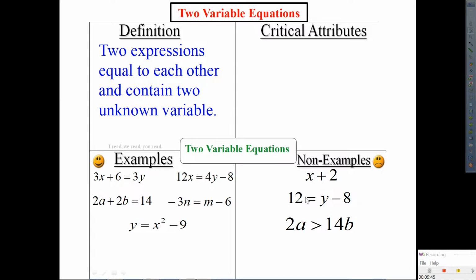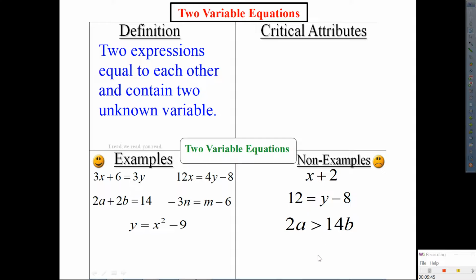Let's pass it to Alfredo. What would this one be called if it's not a two-variable equation? Ivan, help him out. It's an equation, but what kind? Frida? Close. How about a one-variable equation? Because it's missing the other one, right?